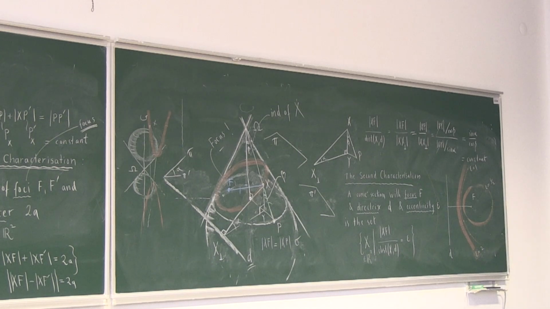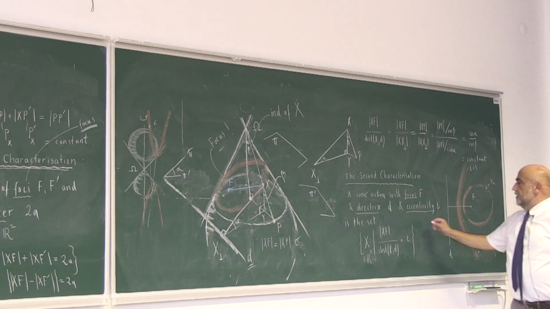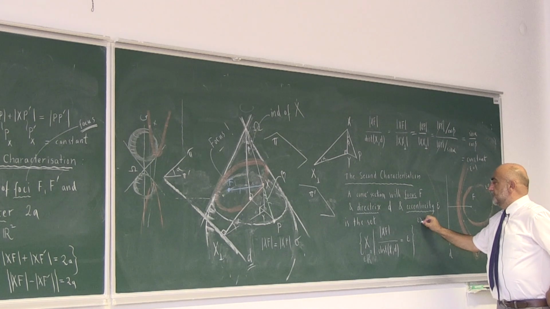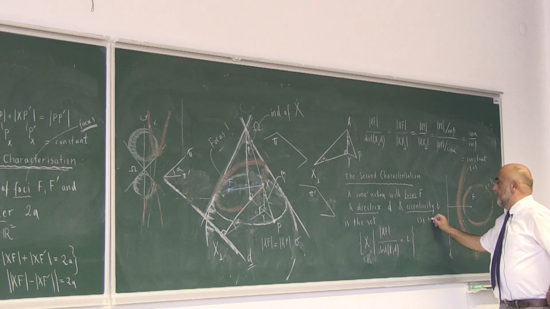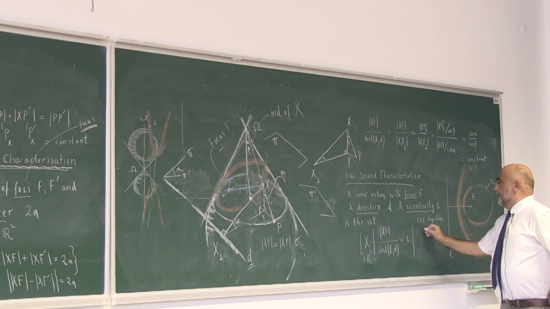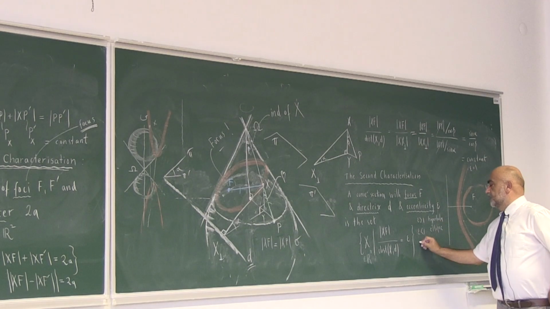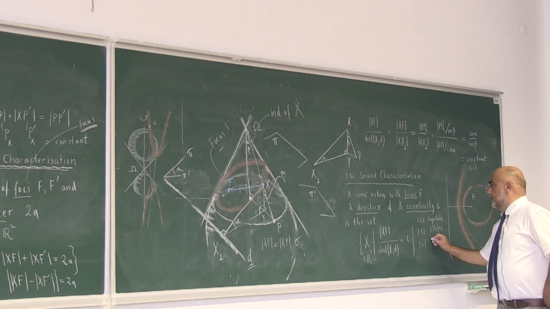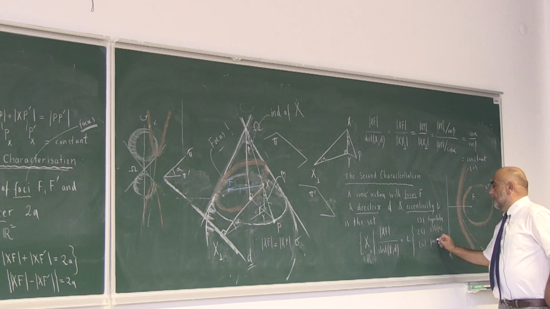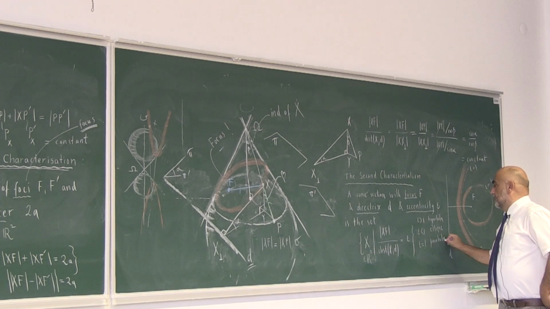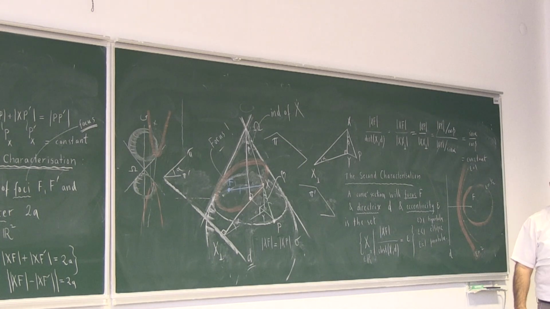Okay, so terminology. If epsilon is larger than 1, the thing is called a hyperbola. If epsilon is strictly less than 1, it's called an ellipse. And if epsilon is exactly 1, then it's a parabola.